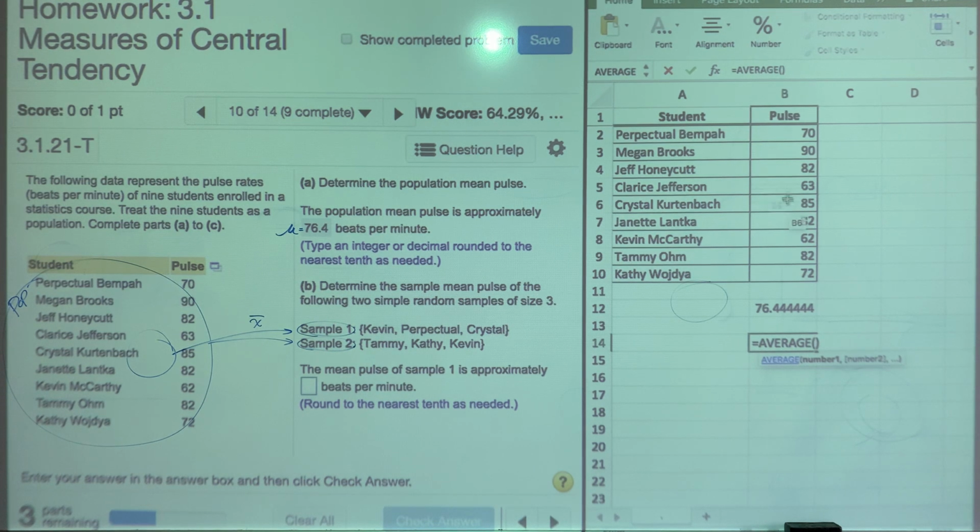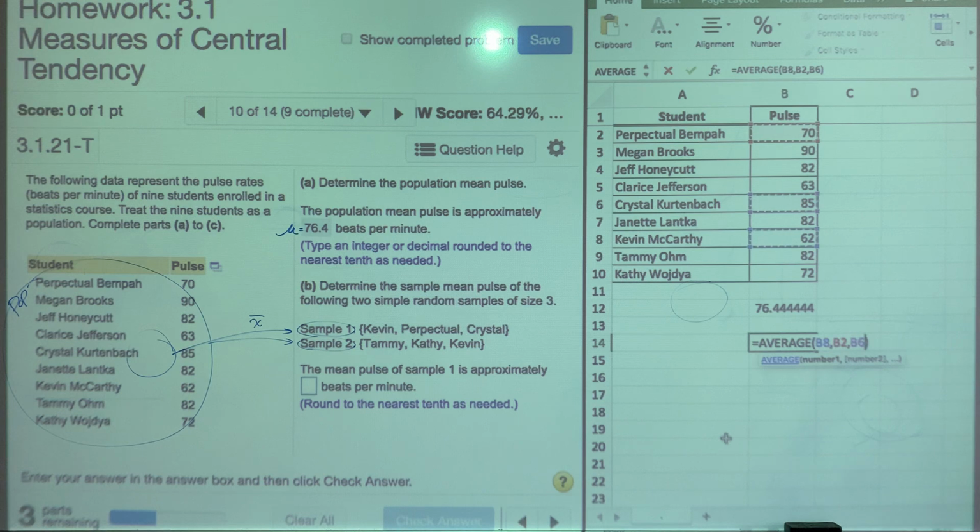So Kevin, I select Kevin. Then I hold down, on my Mac, it's the command key. Yours probably is the control key. Is it control for other people? Okay. So then Perpetual, there's Perpetual, and then Crystal. See what it did there?